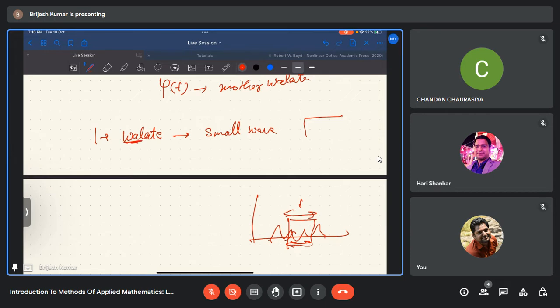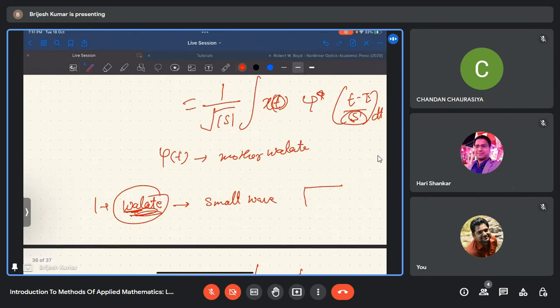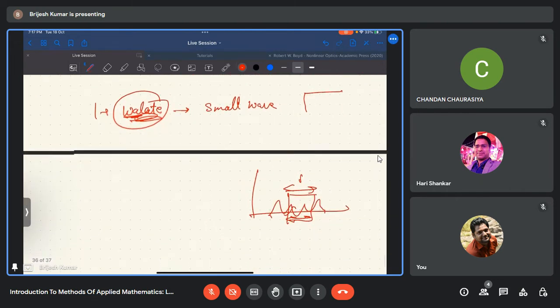And the term mother implies that the functions with different regions of support used in the transformation process are derived from one main function, the mother wavelet. So the window function can be derived from this mother wavelet, because, as I said initially, as the frequency goes higher, this window function changes automatically in this multi-resolution analysis.